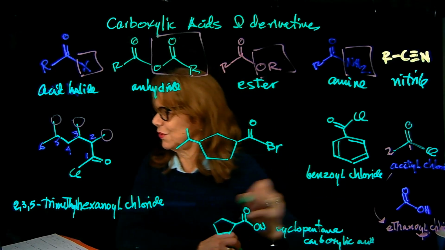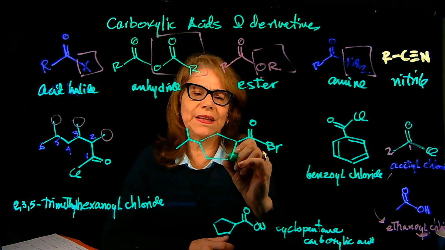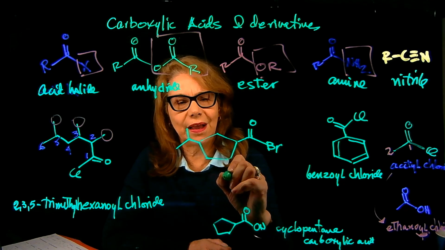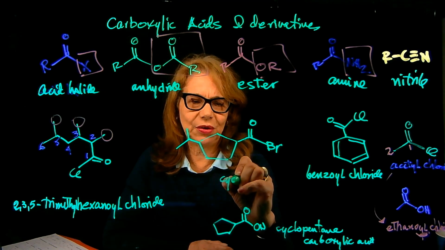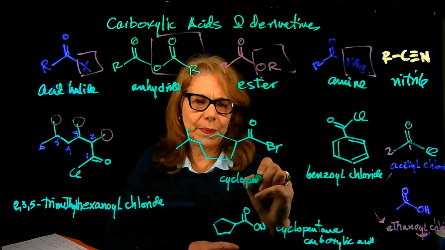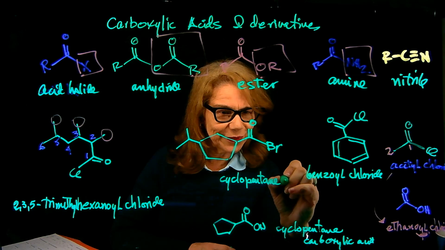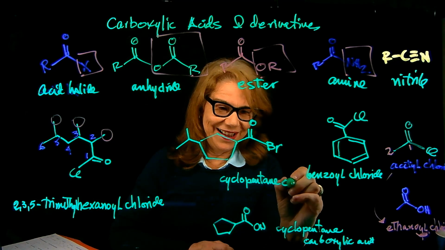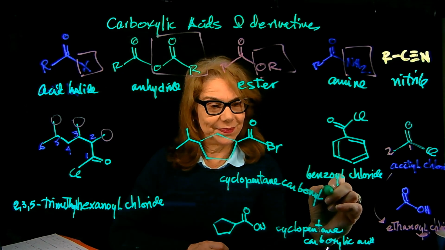So we're going to start doing the same. We're going to say cyclopentane. But then we're going to say carbonyl bromide. So cyclopentane carbonyl bromide. I'm going to run out of room, so I'm going to go down.